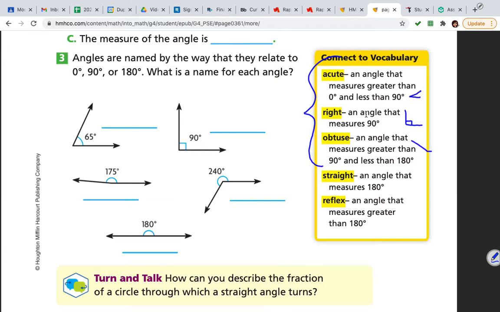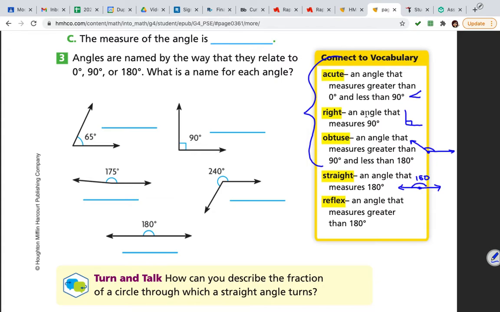So an obtuse angle would look something like this. So big angles, less than 180 degrees. A straight angle is an angle that measures 180 degrees. So this right here is 180 degrees. A straight line. It's a straight angle, it's like a straight line. Reflex is an angle that measures greater than 180 degrees.